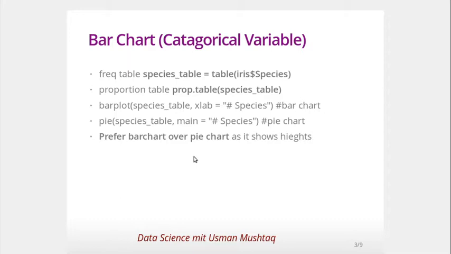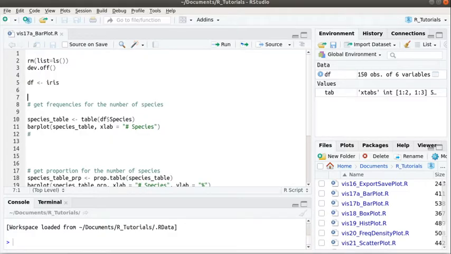From my experience, I usually prefer bar charts because they show the heights and the clear difference in which categorical variable has more magnitude and is affecting your data more, over the pie chart. Again, it's up to you, whatever application you are working on, and then you can select pie chart or bar chart. So let's go to the live coding session and plot something there.